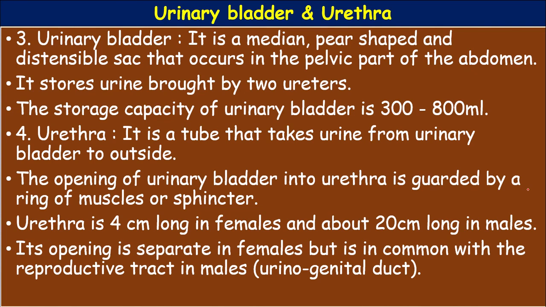Its opening is separate in the female, but it is common with the reproductive tract in males. That's why in males, the urethra is also called urinogenital duct, meaning both urine as well as the spermatozoa will be eliminated through a common passage.